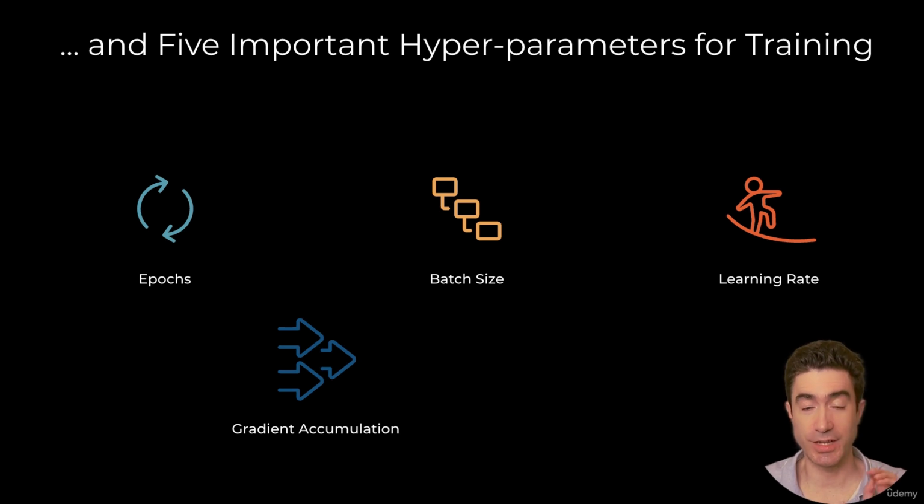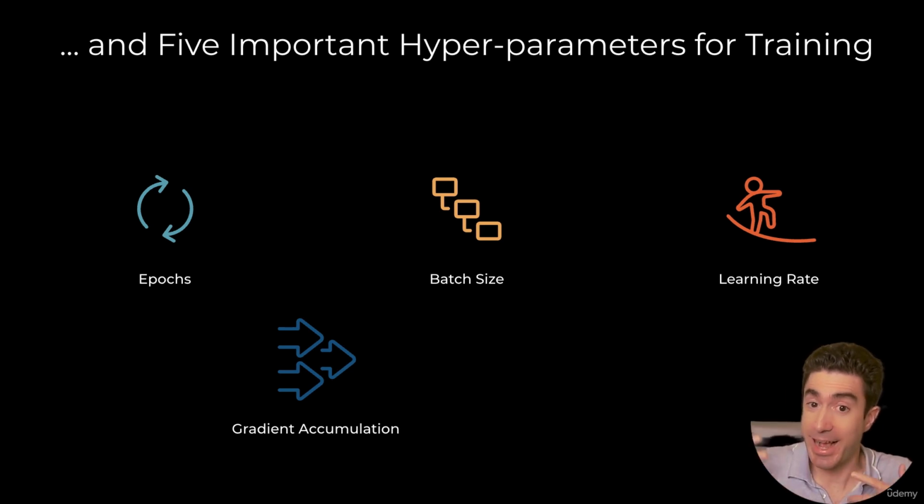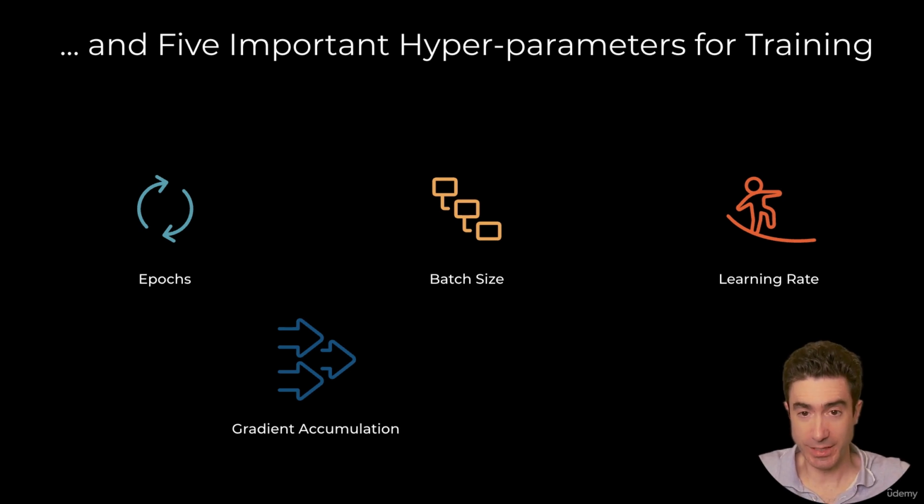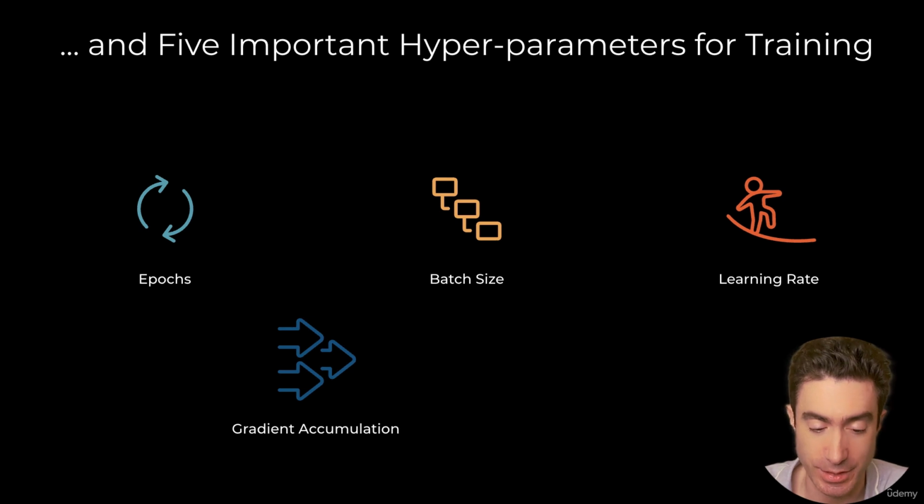Gradient accumulation says, perhaps we can do a forward pass and get the gradients, and don't take a step, just do a second forward pass and get the gradients and add up those gradients, and do that a few more times. Just keep accumulating these gradients and then take a step and optimize the network. And that just means that you do these steps less frequently, which means it can run a bit faster.